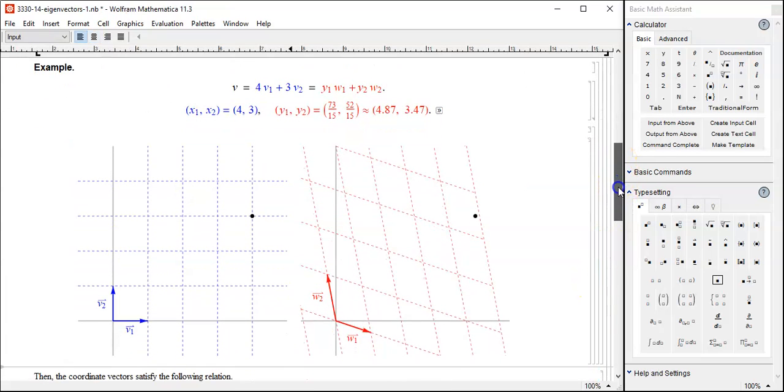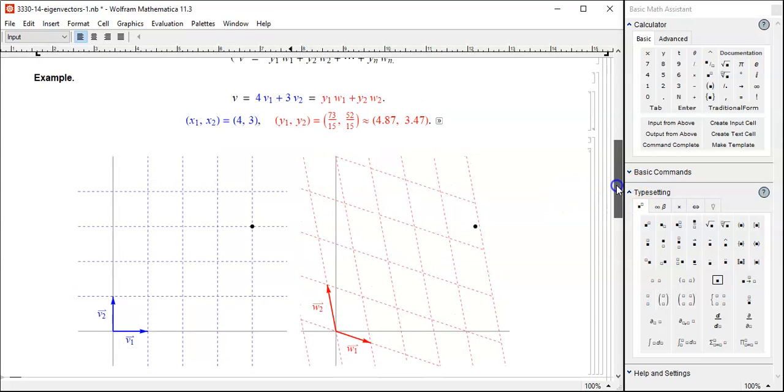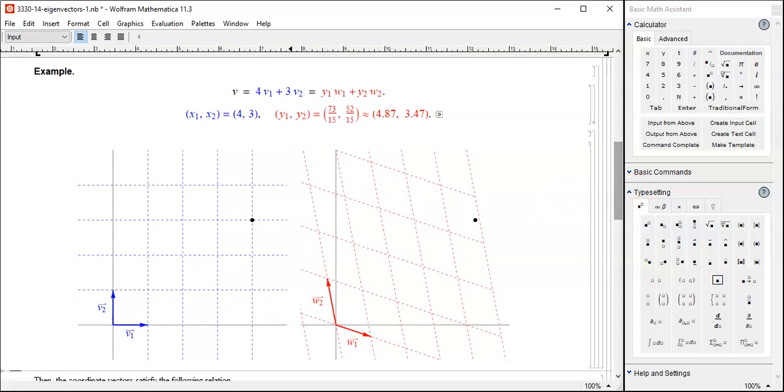Here, the vector v is 4, 3. Position vector here, starting from the origin, going to 4, 3. And v1 and v2 are standard basis vectors, as they usually are. And 4 units in v1 direction, and 3 units in v2 direction, and there you go.